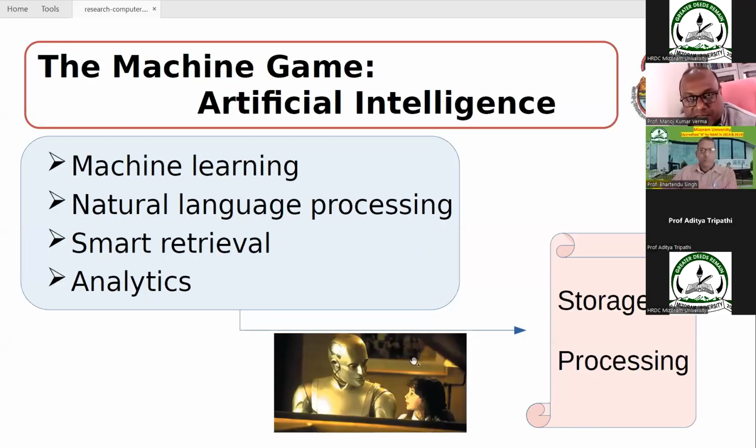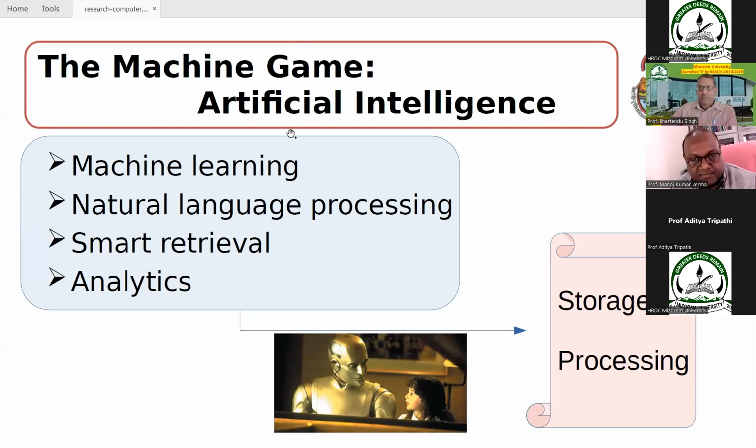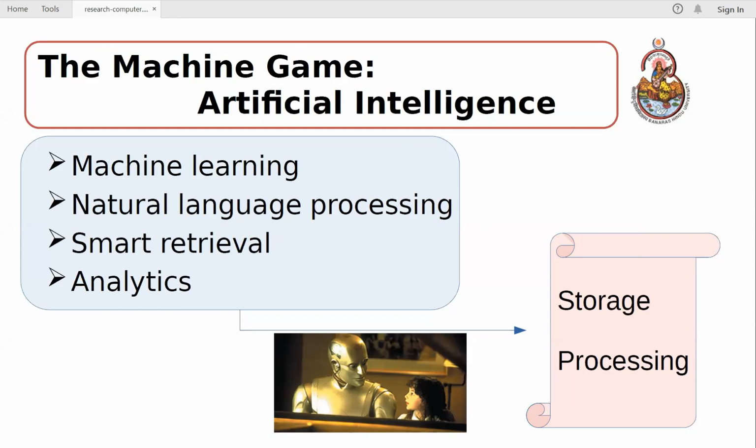Okay, so where I was. It is all about improved processing and improved storage. And today you have the new Google platform, ChatGPT kind of thing, which can understand nearly natural language.